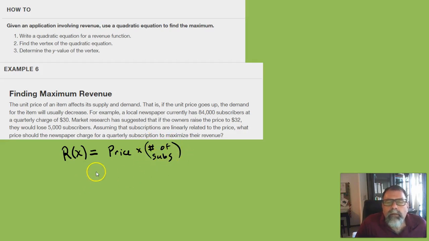Okay, so the price is, let's see here. Oh, we want to come up with an equation. It says linearly. So the number of subscriptions is related to price by, and they gave us 2 points. So they gave us 84,000 for $30.